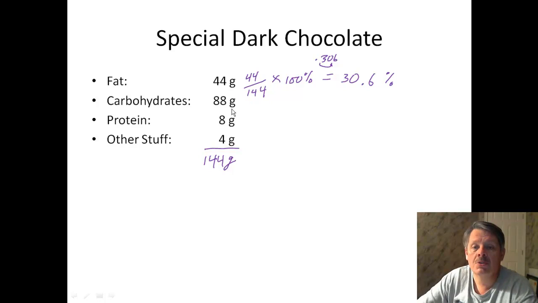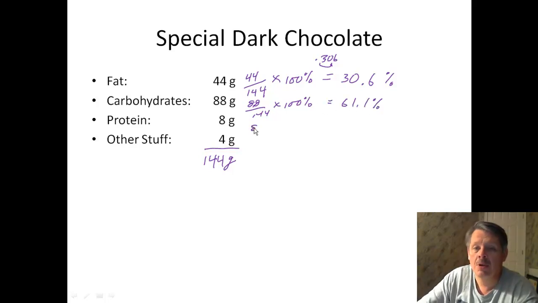We do the same thing for 88 grams divided by 144. Let's see, 88 is twice 44. It's not even enough to bother going through this. It's going to be twice 30.6, so my answer there is 61.1%. Now how about 8 grams? 8 grams divided by 144, and I multiply by 100%, and that's going to give me 5.6%.